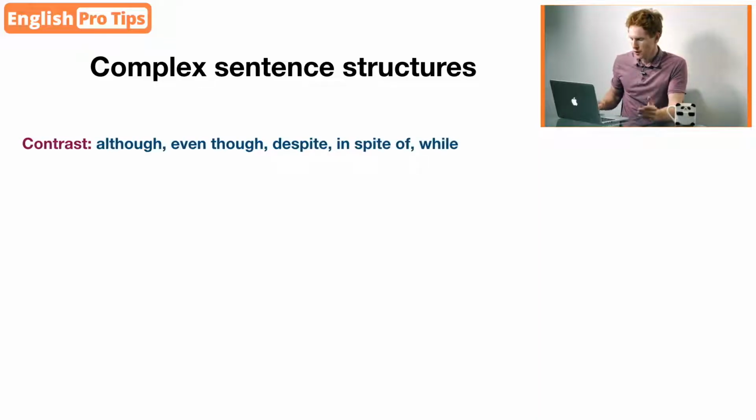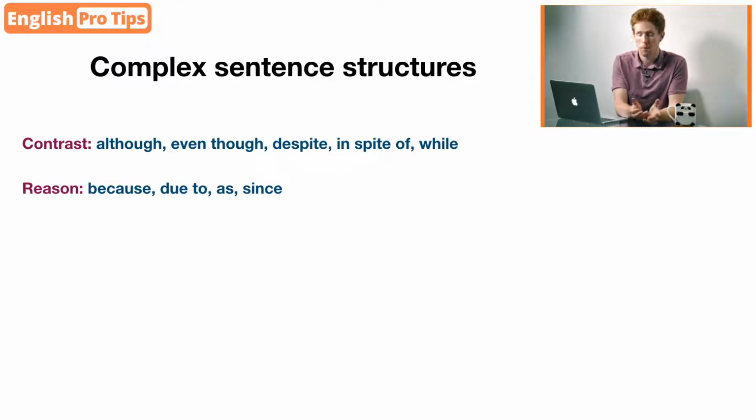Welcome, my name is Eli, and today we're looking at certain words that automatically mean that we're using complex sentence structures in our writing. Well, let's get straight into those words. So, the first set of words are although, even though, despite, in spite of, and while. And we've joined these words together because they suggest a contrast, and you'll see what we mean when we look through some examples.